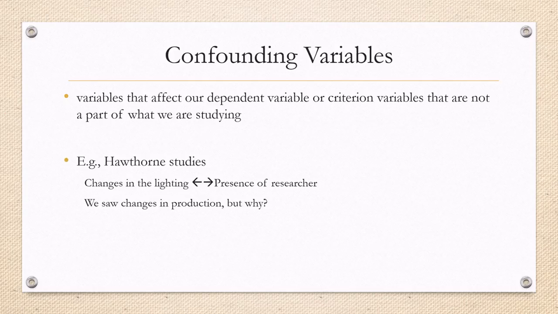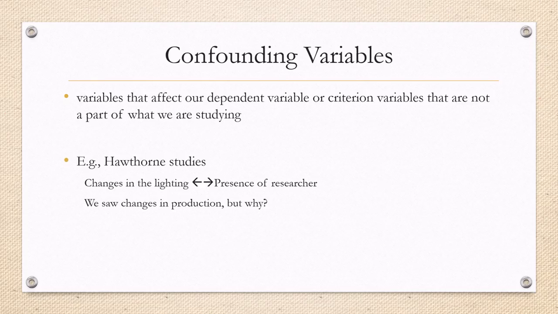There was a confounding variable present, however, and this was the presence of researchers. By having a researcher present every time the light changed, it was hard to tell whether it was the presence of the researcher or whether the light was changing that affected production levels.